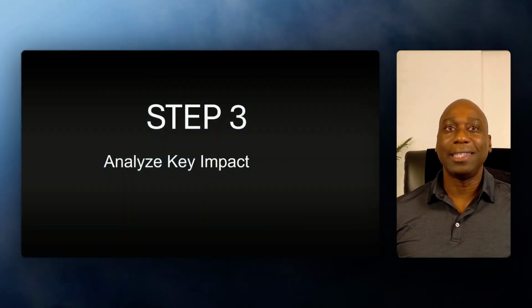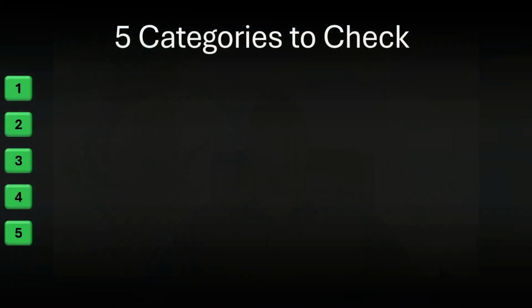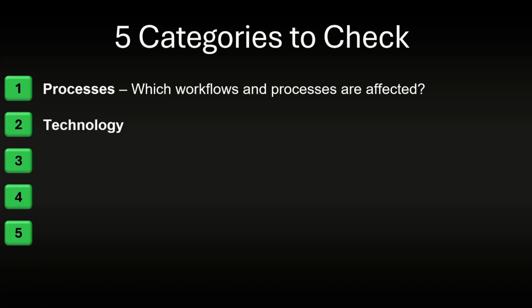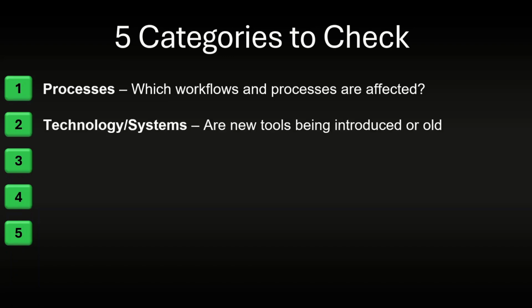For step number 3, you will need to analyze key impact areas. When analyzing the key impact areas, there are 5 categories to check. 1, processes. Which workflows and processes are affected? 2, technologies and systems. Are new tools being introduced or old ones retired? 3, roles and responsibilities.